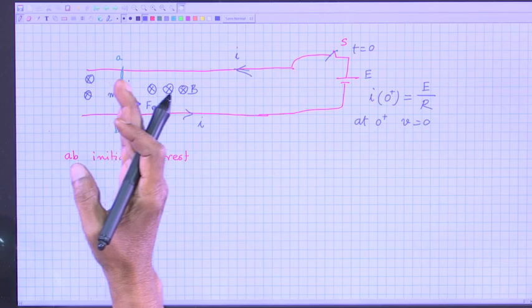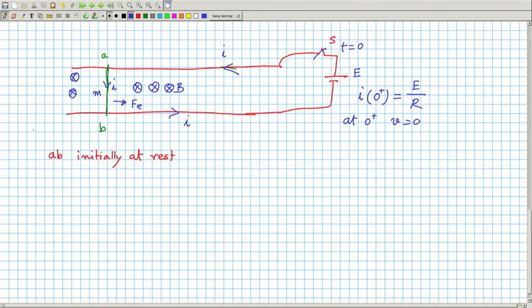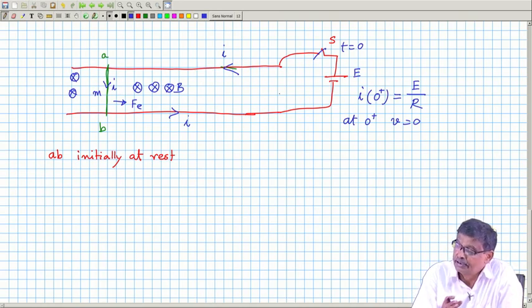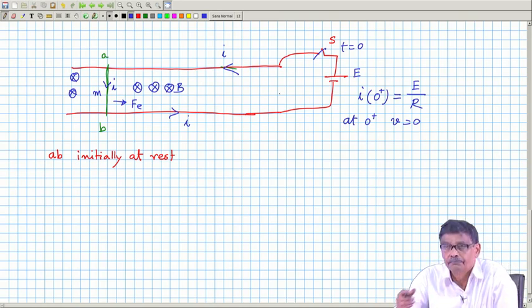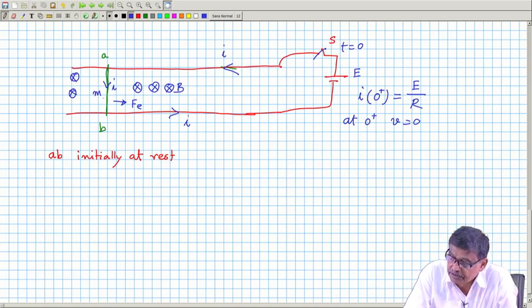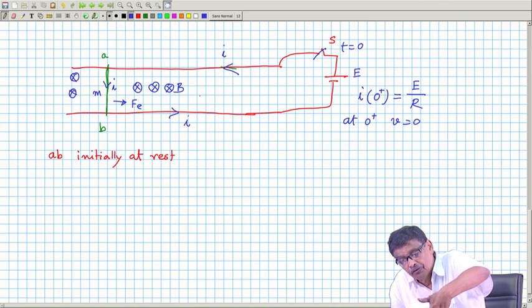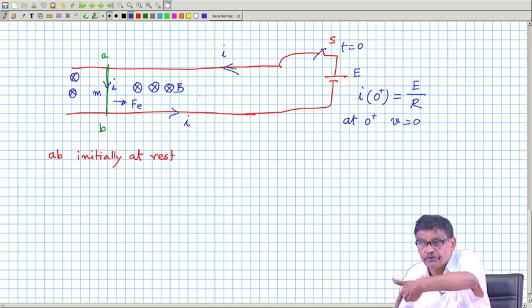Its velocity will now start increasing. Earlier it was 0; at t equal to 0 you closed the switch, then from t equal to 0 onwards the conductor will start moving, and the direction of the force is from left to right.